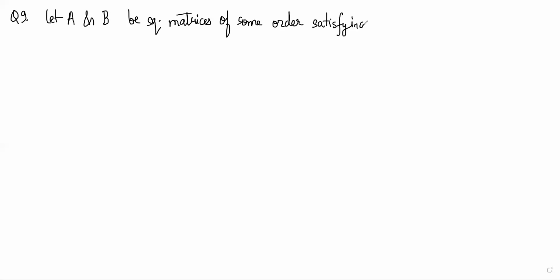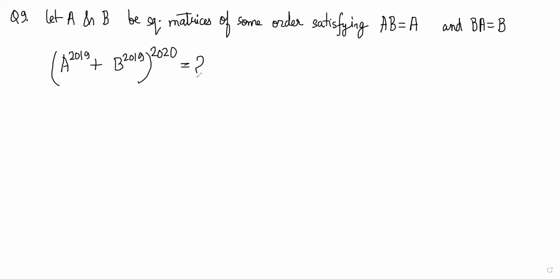Let A and B be square matrices of some order satisfying AB equal to A and BA equal to B. Then A power 2019 plus B power 2019, whole power 2020, is equal to what?